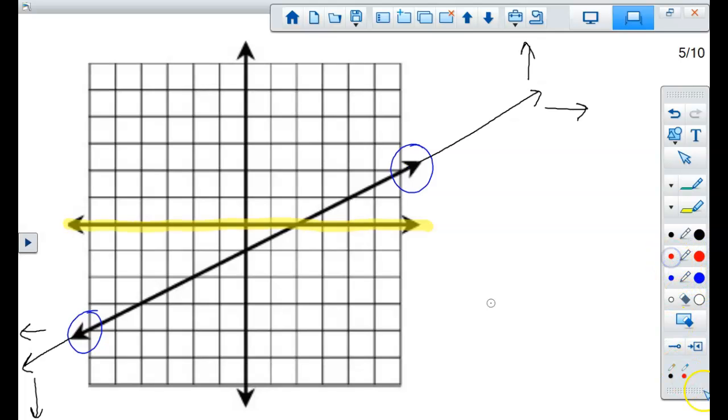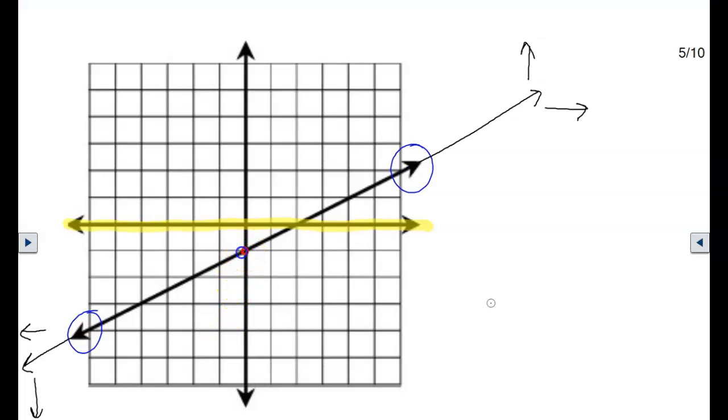Now again here, if I want to figure out the domain for this line, then what I need to do is think about if I trace every point on the line back to the x-axis, what x values would be in use. So take this point, trace it back to the x-axis. 0 is in the domain. Take this point, trace it back to the x-axis. 1 is in the domain.